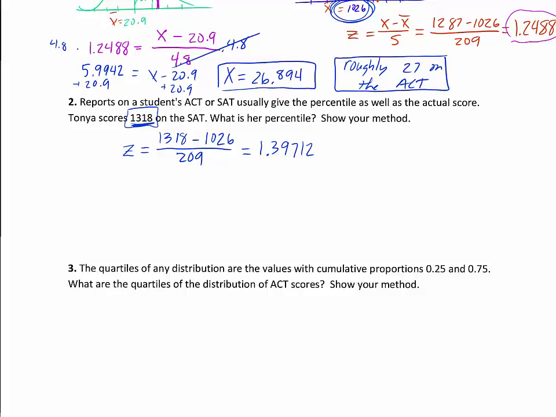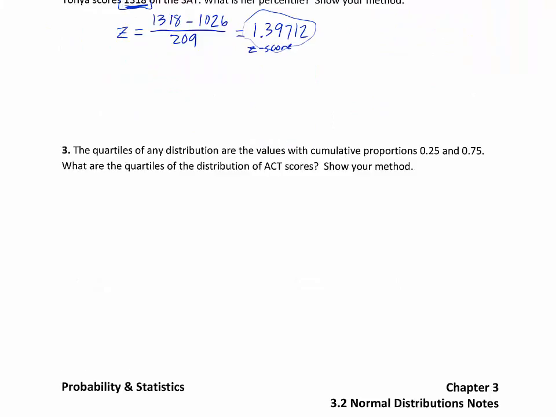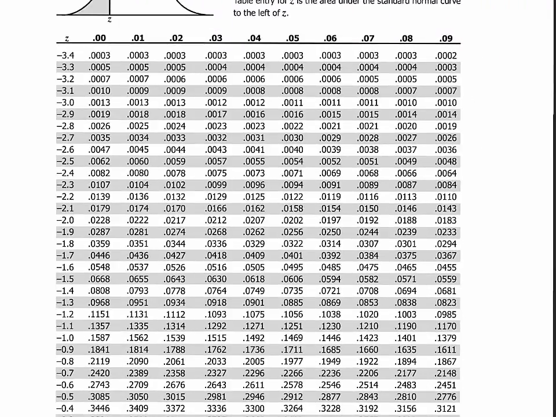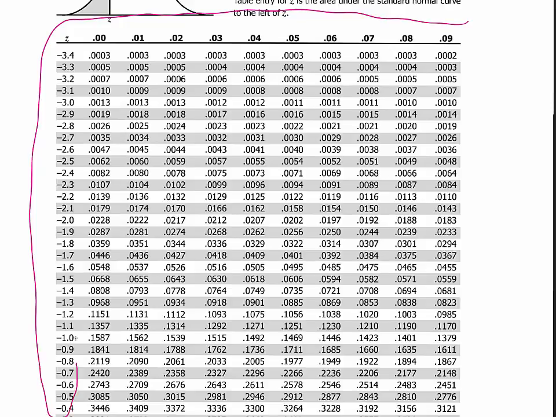Now, this number is a z-score, and I think one of the things people are really having trouble with is the table, like what is it dealing with? This is a z-score. Let me go ahead and go to the table real quick. The table is comprised of two different ideas. You have an idea that is on the outside. These are z-scores. Those are the tick marks at the bottom of your graph.